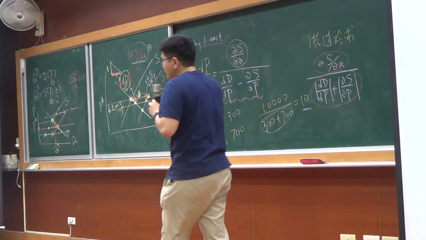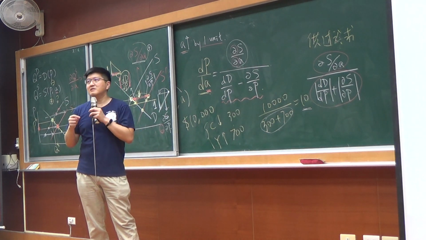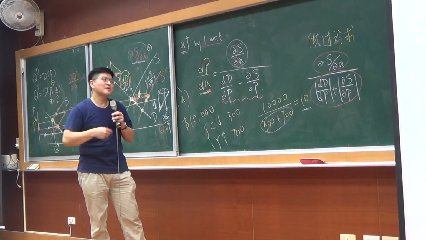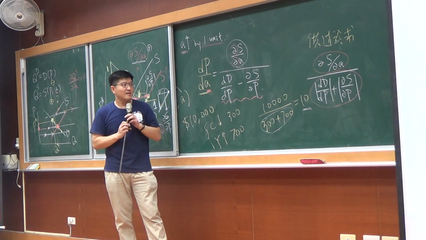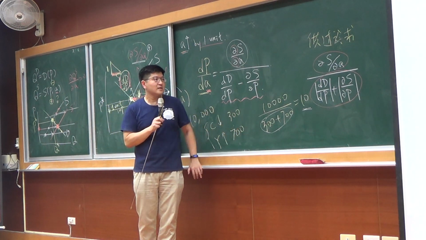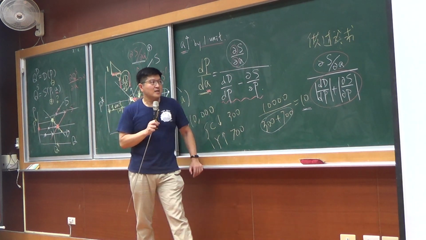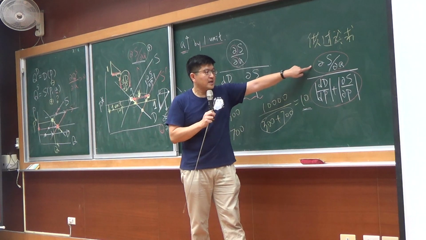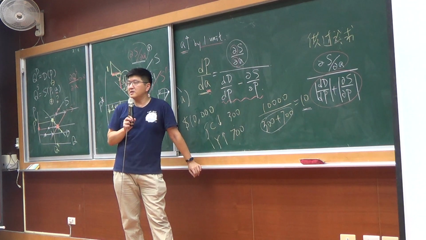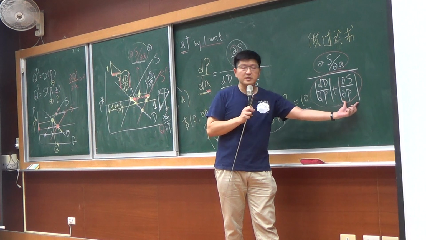I think when I teach microeconomics, this is the clearest way that I have ever thought of to explain. This is the gap, and by each unit change in P, you increase the quantity demanded and decrease the quantity supplied.